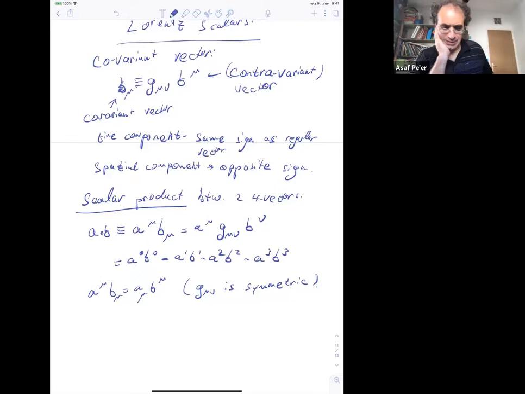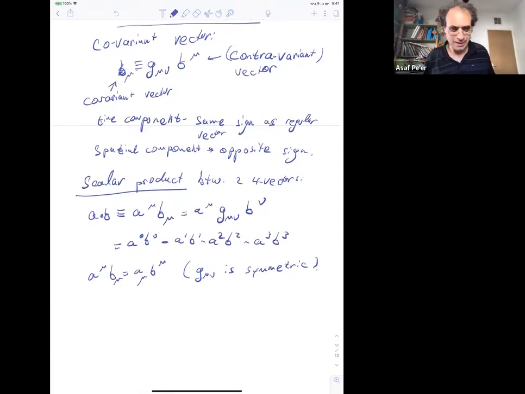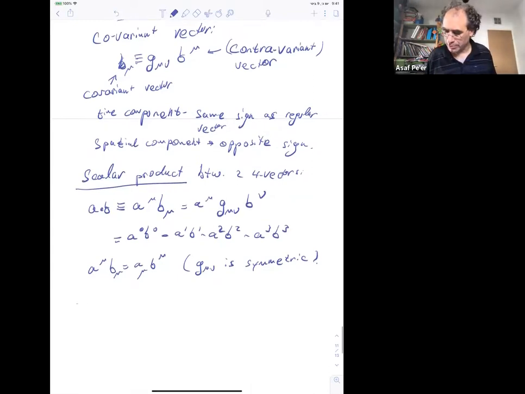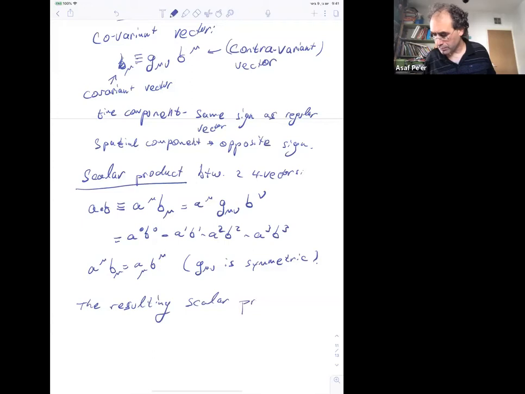Now, this is a product of two vectors. This is invariant under Lorentz transformation, which means that it is the same in all inertial frames. The resulting scalar product is invariant under Lorentz transformation.